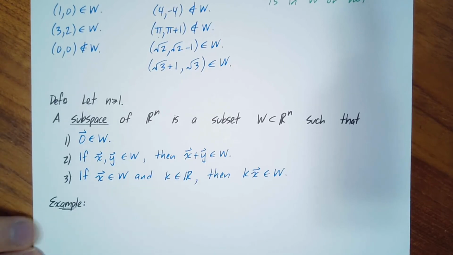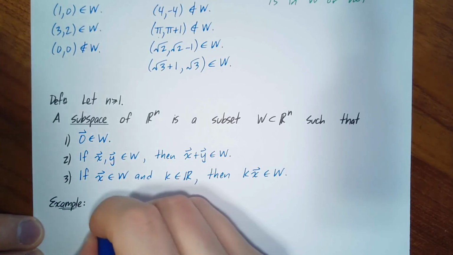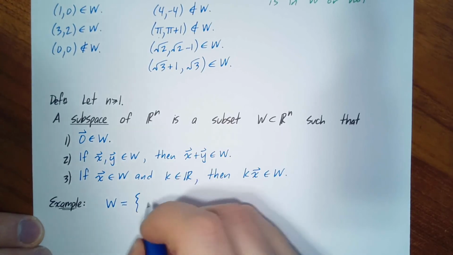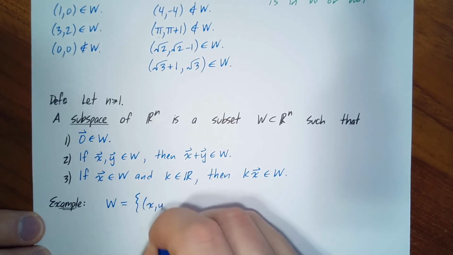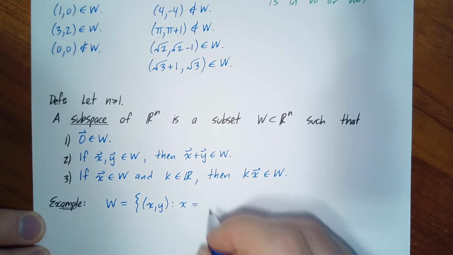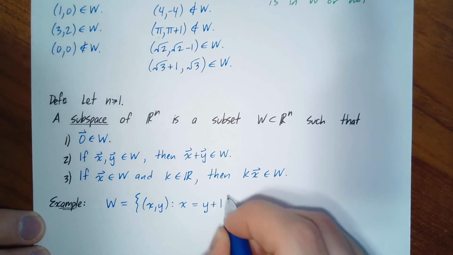Okay, let's look at an example first of something that fails to be a subspace. So let's go back to the same example we started out with. Let's take W to be the set of all two-dimensional vectors (x, y) such that the first coordinate is 1 larger than the second coordinate.